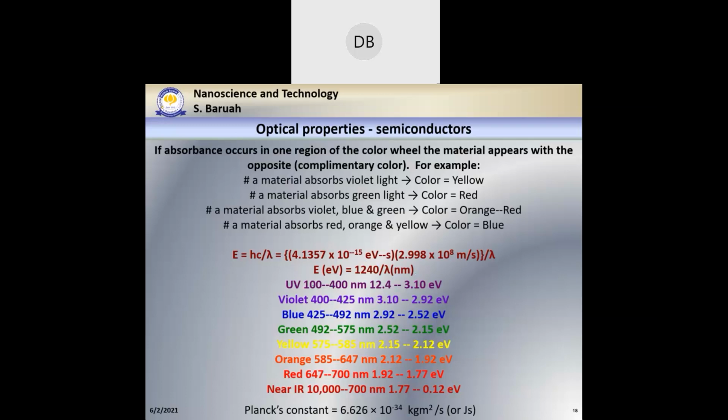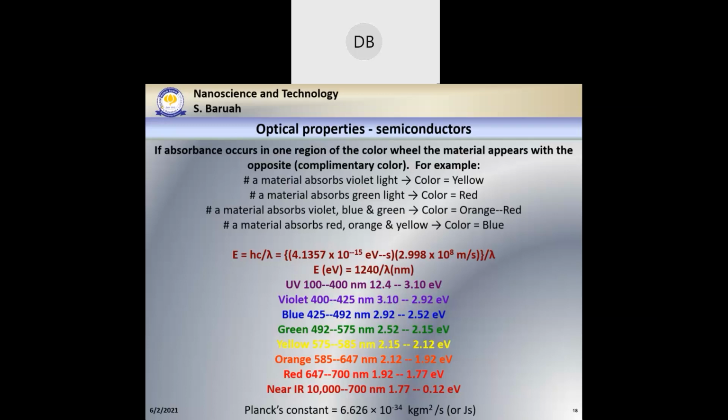Like ultraviolet. Normally, below 400 nanometers we call it ultraviolet, because 400 is violet. So for the range 100 to 400 nanometers, the energy will be from 12.4 electron volts to about 3.10 electron volts. For violet, which is in the range 400 to 425, the energy will be 3.10 to 2.92 electron volts.